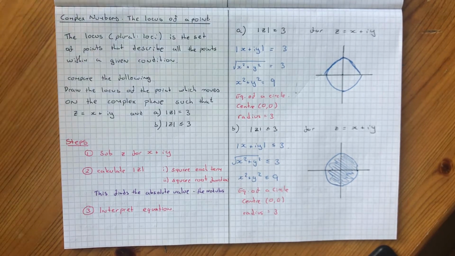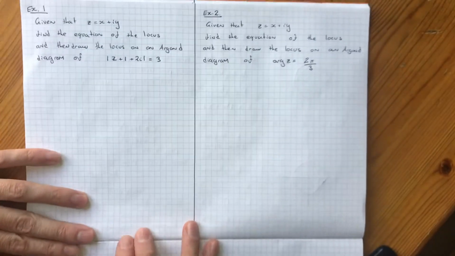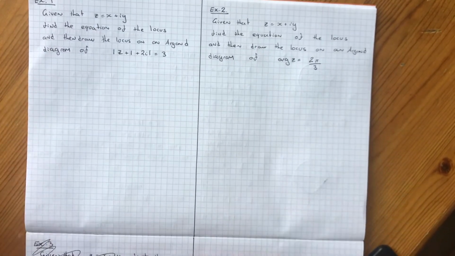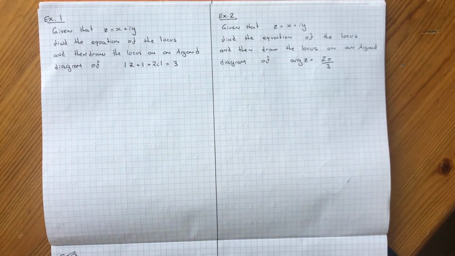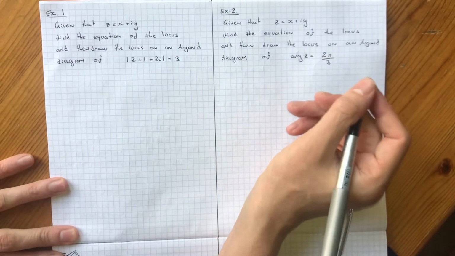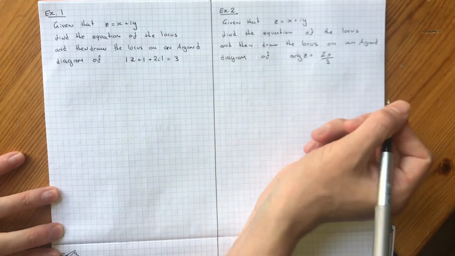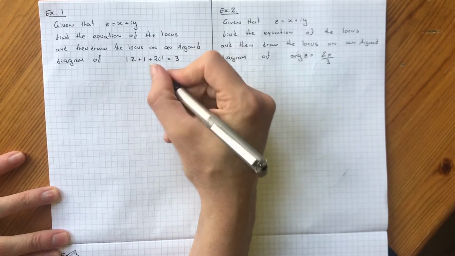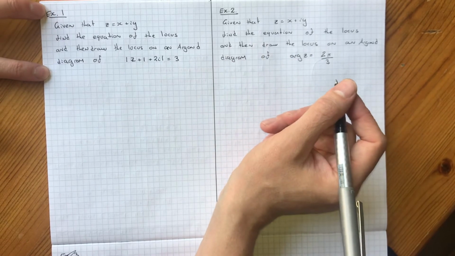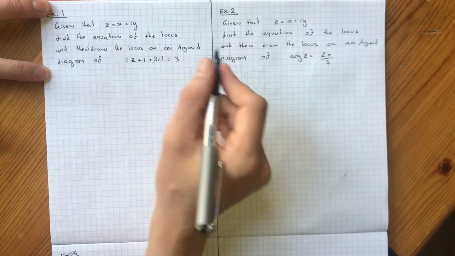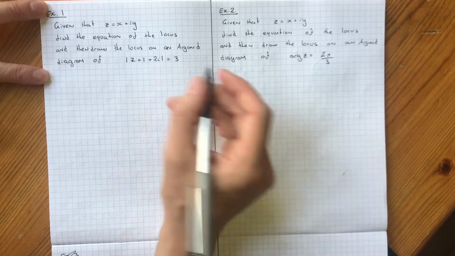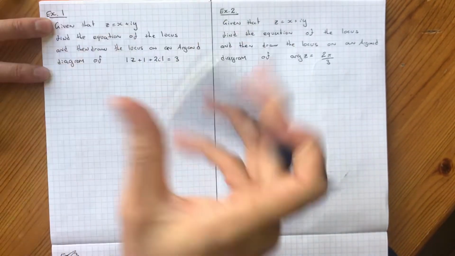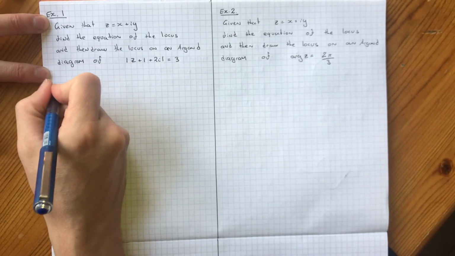Okay, so we'll do another few. Given that z equals x plus iy, find the equation of the locus and then draw the locus on an Argand diagram for the modulus of z plus 1 plus 2i equals 3. What we need to do is substitute z for x plus iy.